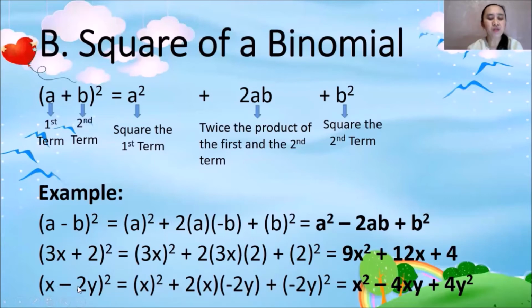Then, plus square the last term, negative 2y squared or negative 2 times negative 2. X times x is x squared and 2 times negative 2 is negative 4 or minus 4. X times y is xy. And negative 2 times negative 2 is positive 4. Y times y is y squared. So the product of the square of binomial x minus 2y squared is equal to x squared minus 4xy plus 4y squared.